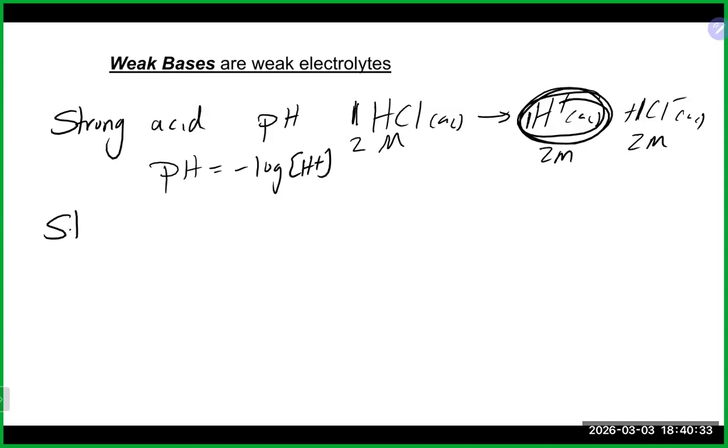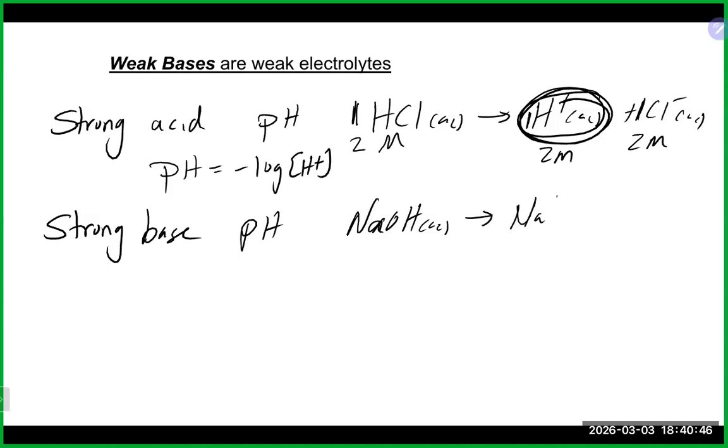Now, if you had a strong base, it's kind of the same idea, and you wanted the pH, you could look at something like sodium hydroxide here. Because sodium hydroxide is a strong base, it's going to completely break apart into sodium ion and hydroxide ion. And once again, pH is minus the log of the H plus concentration.